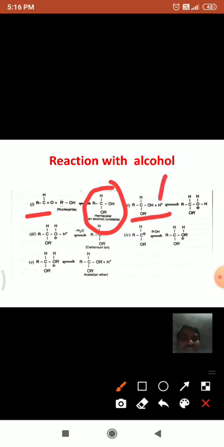This is the reaction, a very simple mechanism. First of all, the alcohol reacts with the carbonyl compound. See here, the negative OH minus attacks the carbon and the R plus attacks the oxygen, leading to the formation of hemiacetal. This hemiacetal is unstable, and in the presence of acidic conditions, the OH becomes OH2 plus, and the OH2 is removed as H2O, and we get the carbonium ion here.